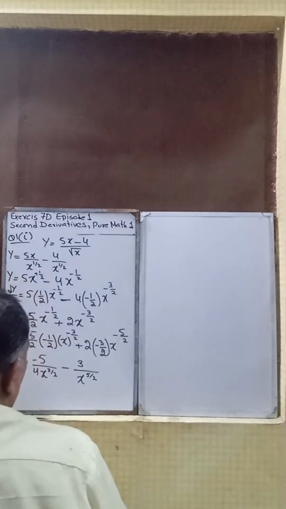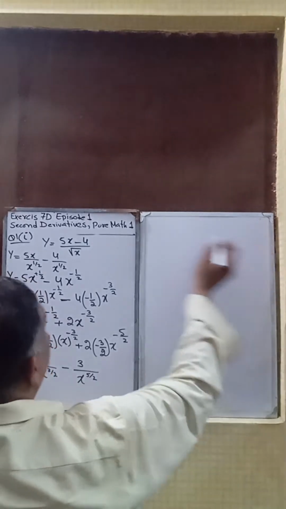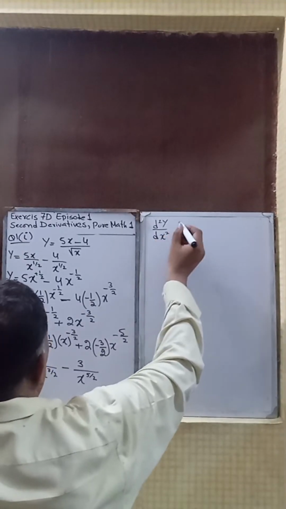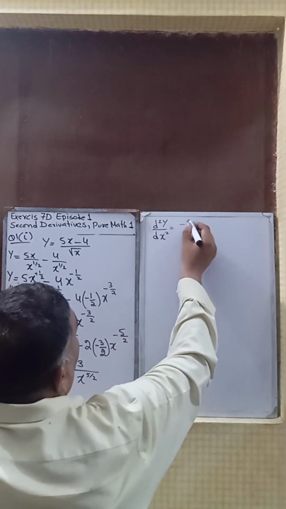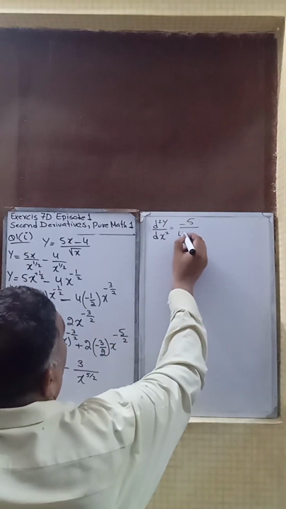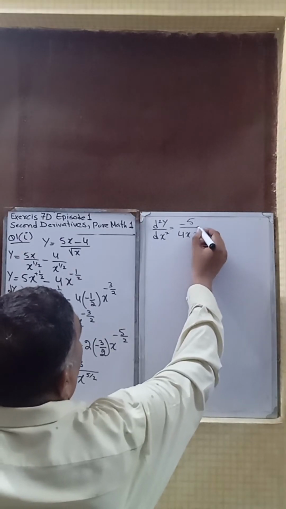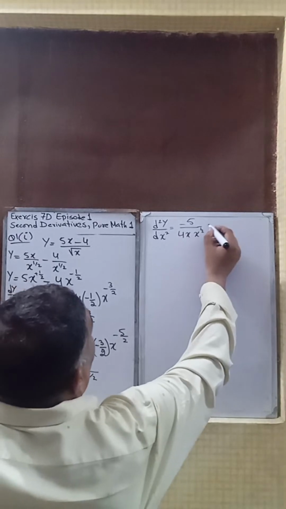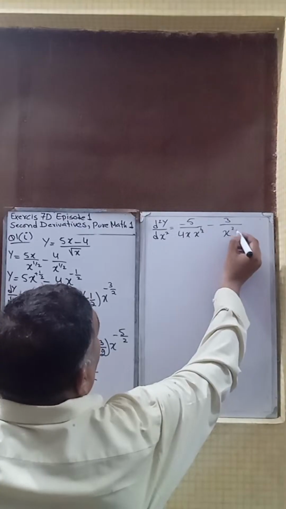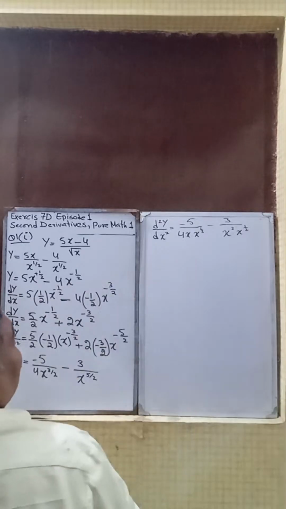Okay, now the LCM will be, let me write it again, because this involves surds, so let me show you how this is done. Minus 5 divided by 4x, x raised to power 1 by 2, and then you have minus 3 divided by 2 into x raised to power 1 by 2. 5 by 2 means this, okay?